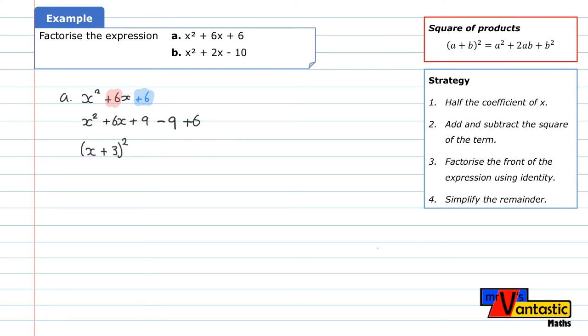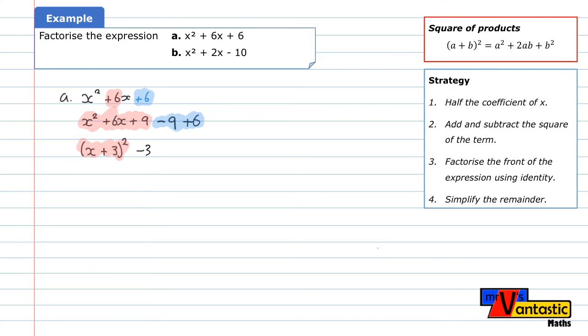Now, all of this part, we know will factorize into the perfect square. We made it that way. We just have to deal now with this last bit, and that's quite simple. We simplify minus 9 plus 6, and we get minus 3.